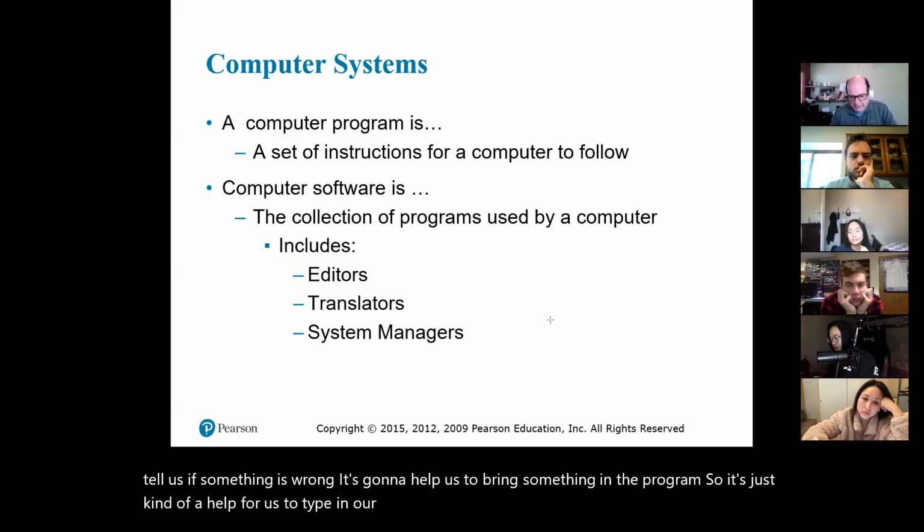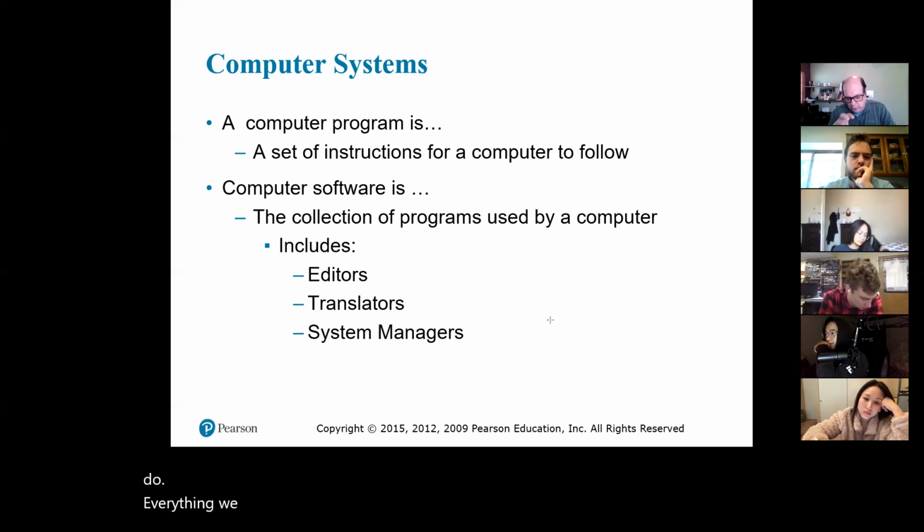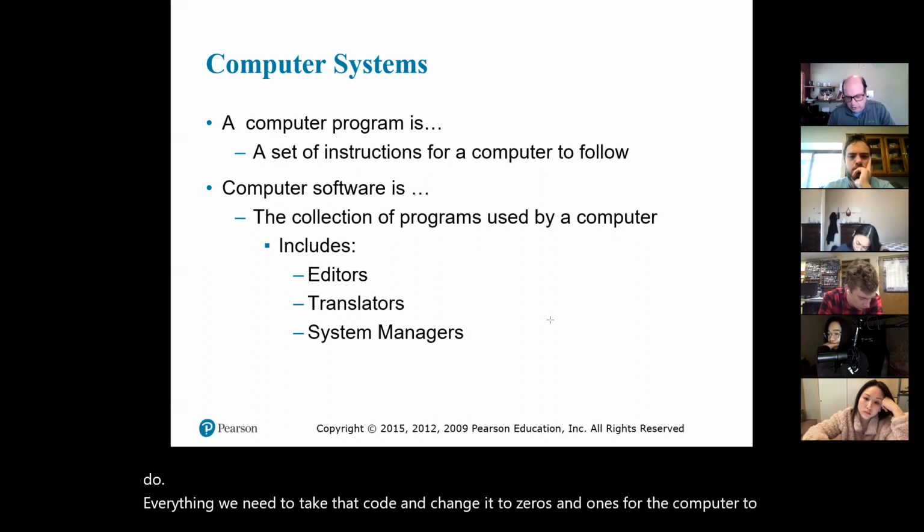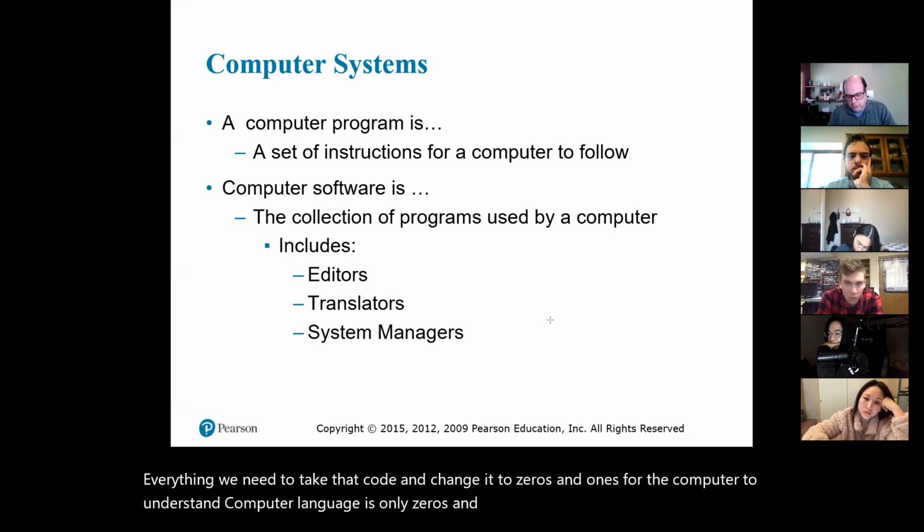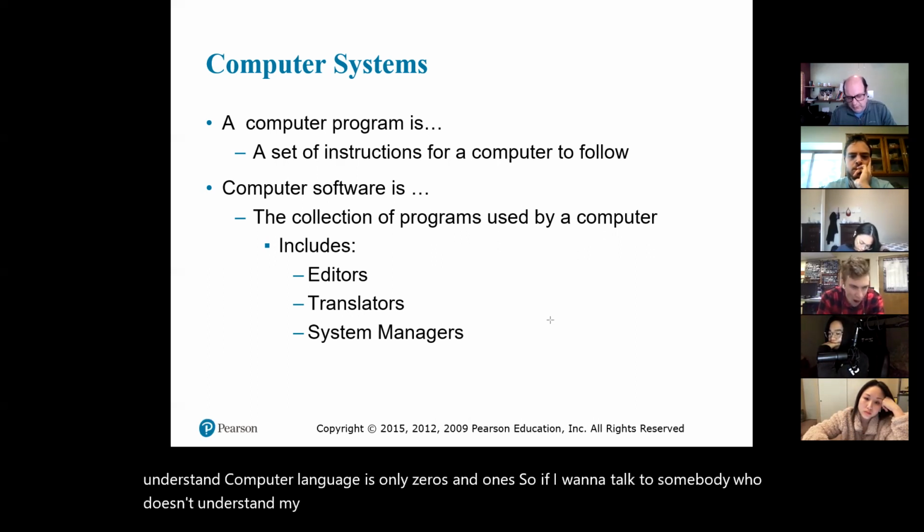But just typing it in there is not going to do everything. We need to take that code and change it to zeros and ones for the computer to understand. Computer language is only zeros and ones. If I want to talk to somebody who doesn't understand my language, and I don't understand that person's language, we need a translator.